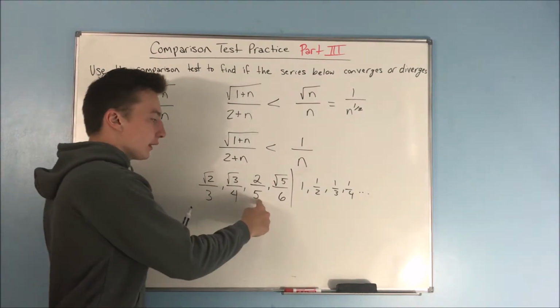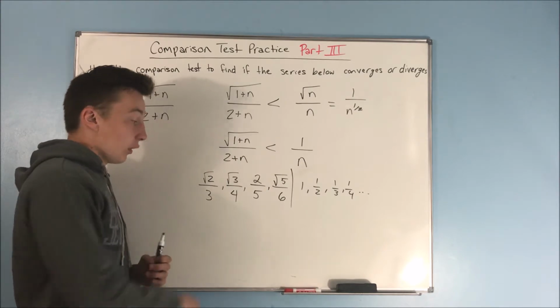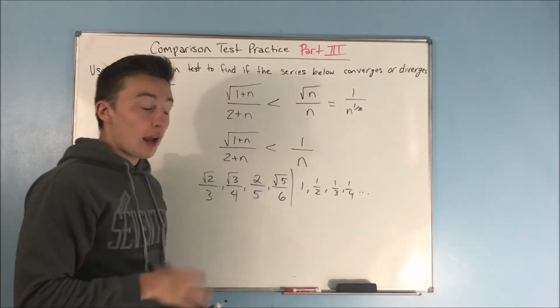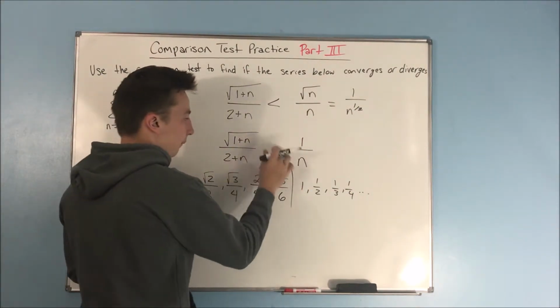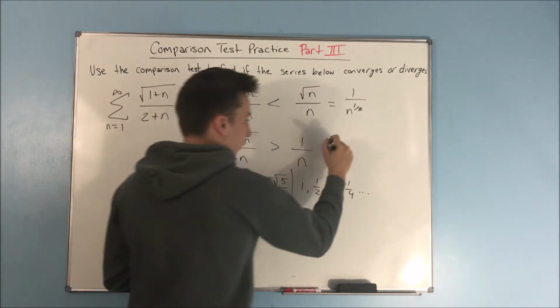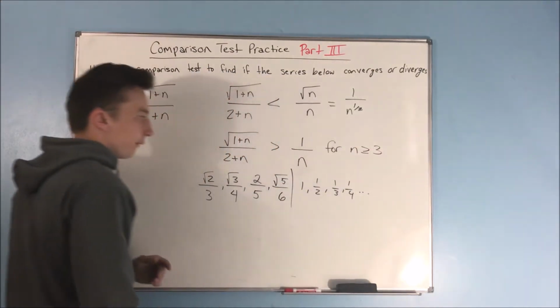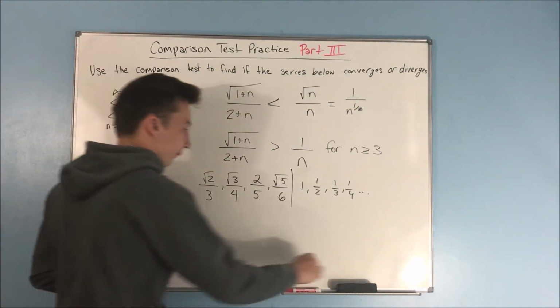But 2/5 is greater than 1/3, and rad 5 over 6 is, of course, greater than 1/4. And that's just going to go on and on. This is going to be greater than 1 over n for n greater than or equal to 3. But that still means that we're able to use the comparison test here.